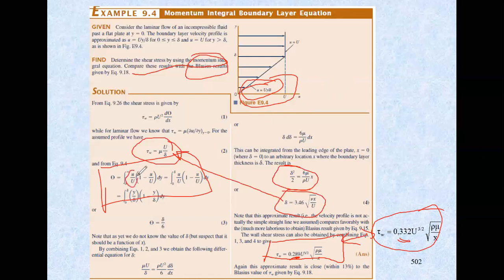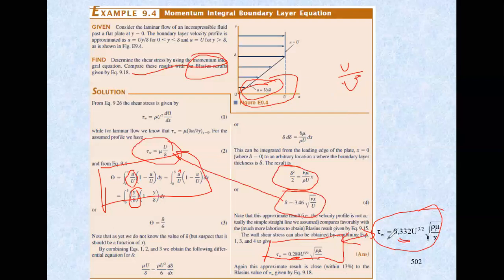So this case is replaced by this one, because the u over U is given this. How about if you have a different relation, then u over U will be different.